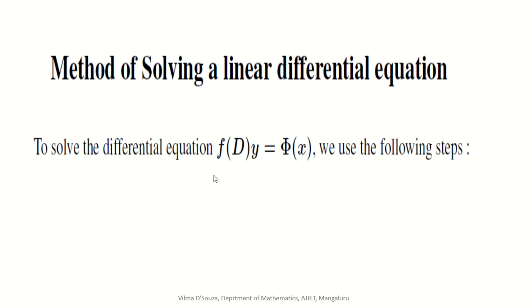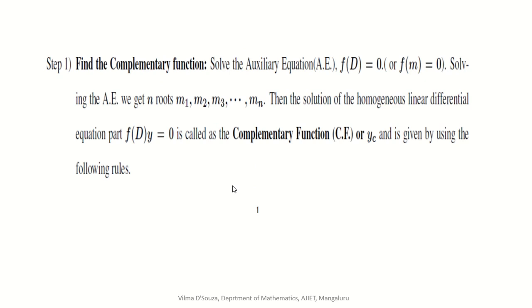To solve this differential equation f(D) y = phi of x, we use the following steps. In this video session I will be discussing only step 1, that is how to find the complementary function. You have f(D) y = phi of x. Solve the auxiliary equation f(D) = 0, or instead of D you can put m also.